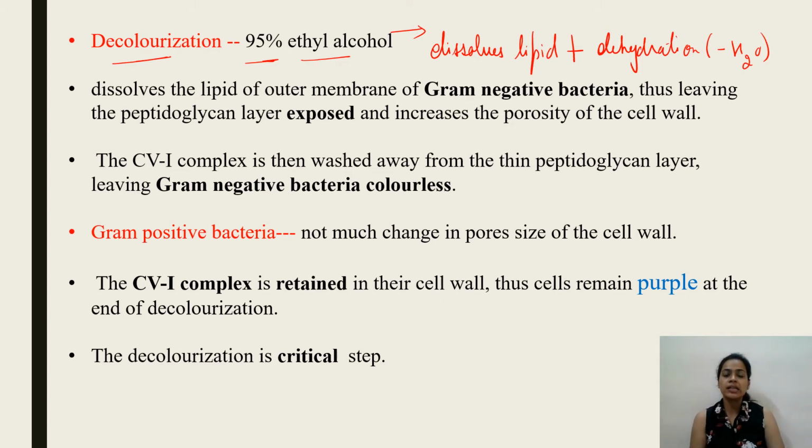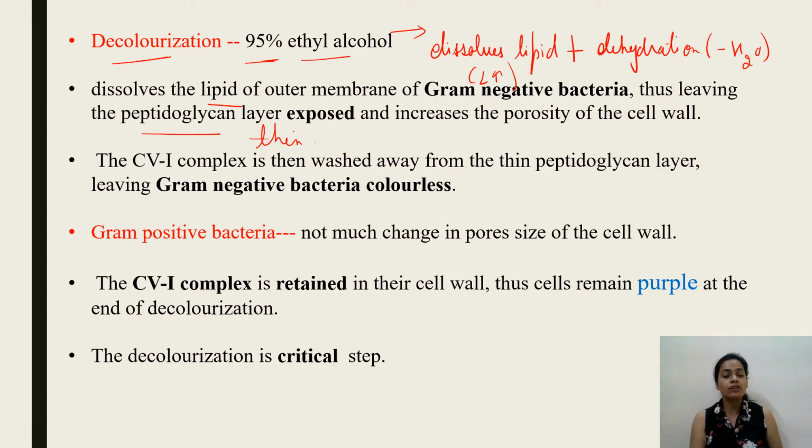As we know, gram negative bacteria have a higher lipid content. So when we add the decolorizing agent, the ethyl alcohol, the gram negative bacteria's lipid will get dissolved. As a result, their very thin peptidoglycan layer is now exposed to the decolorizing agent.